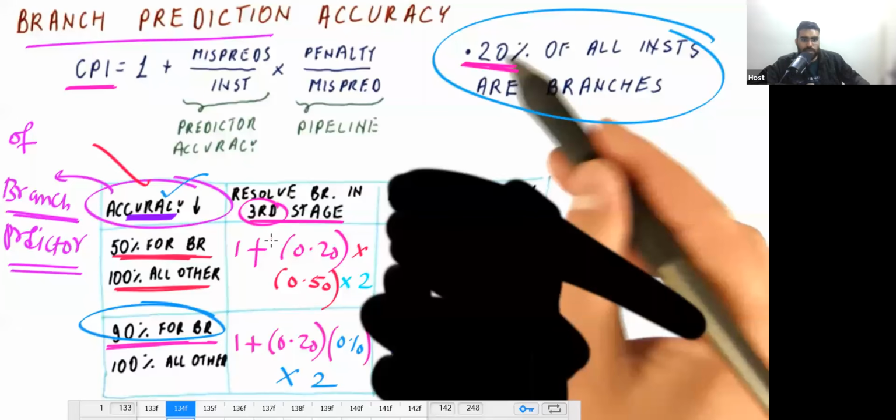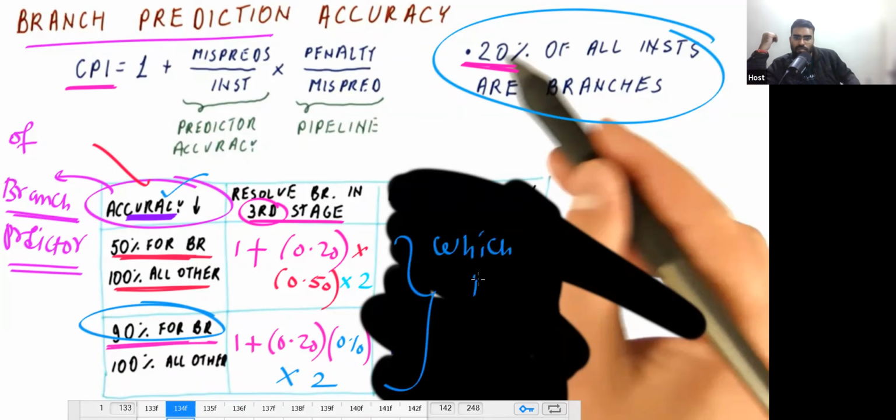Is the top one better or the first one better? Among these two, which is better predictor, which is the better system, which is the better pipeline?